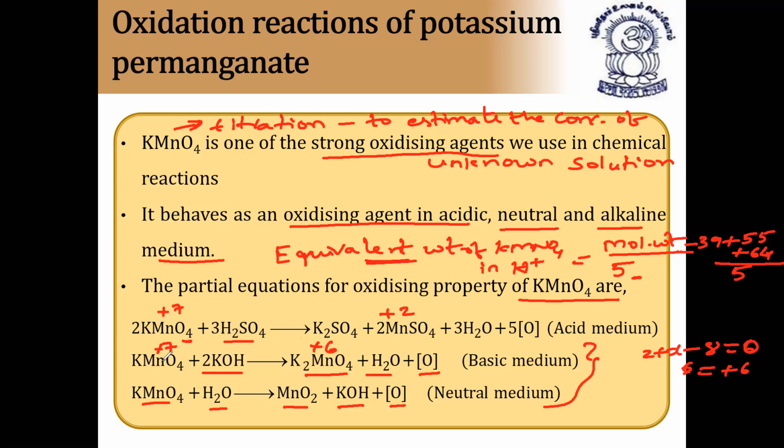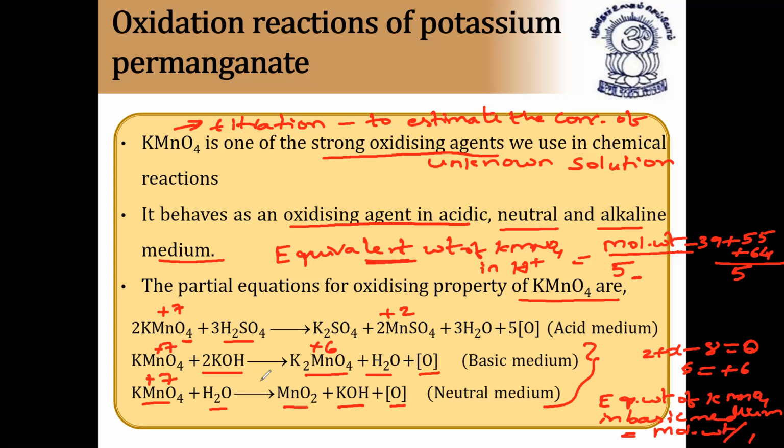So in basic medium, the equivalent weight of potassium permanganate is equal to molecular weight by 1, because only one electron changes, 7 to 6.